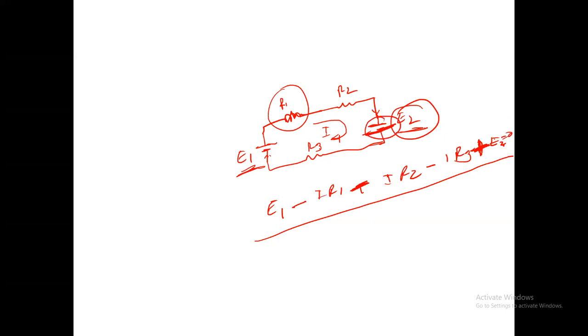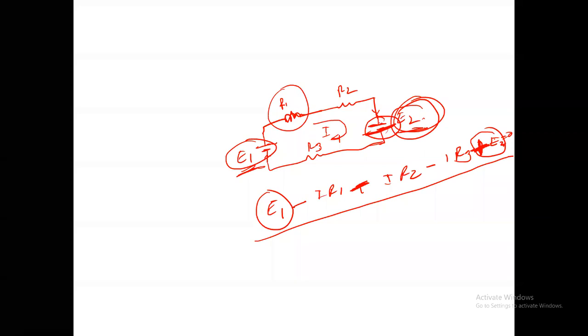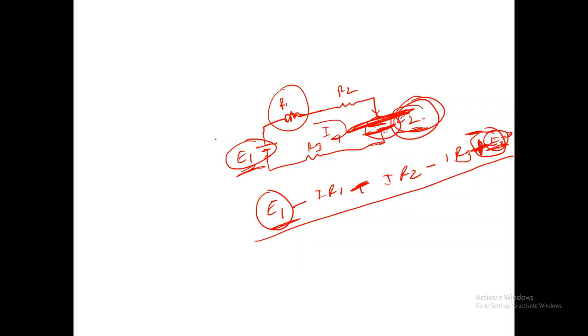This is minus, then this is plus. Suppose this is 500 volt and this is 100 volt. Then this voltage must be minus, so the net voltage source in this circuit is 400 volt.